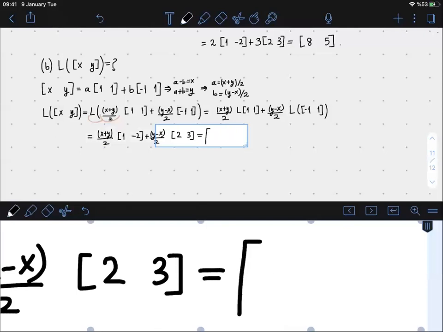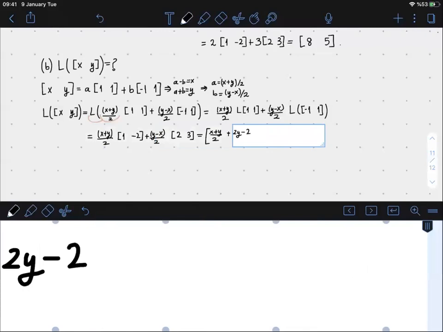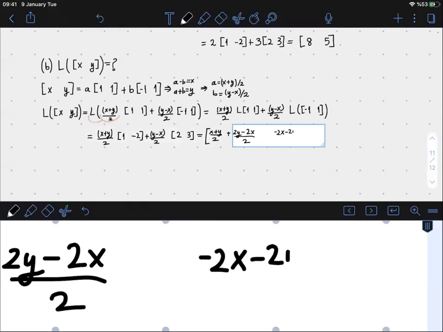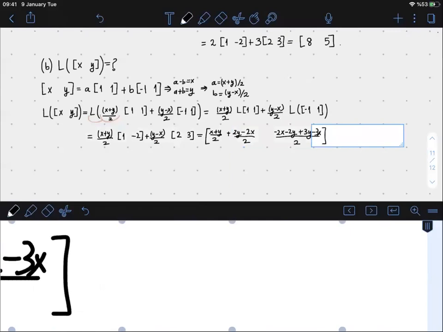It is (x + y)/2 times (1, -2) plus (y - x)/2 times (2, 3). The first component is (x + y + 2y - 2x) divided by 2, and the second component is (-2x - 2y + 3y - 3x) divided by 2.